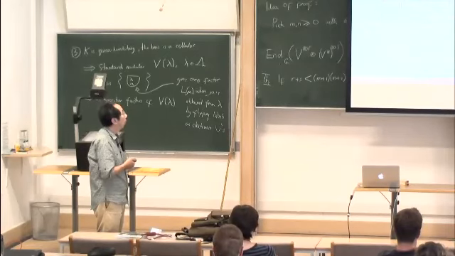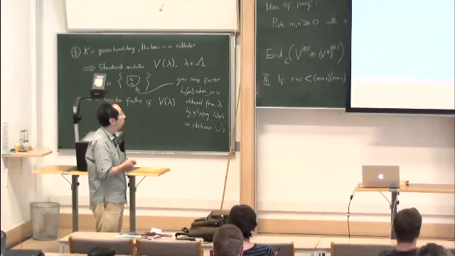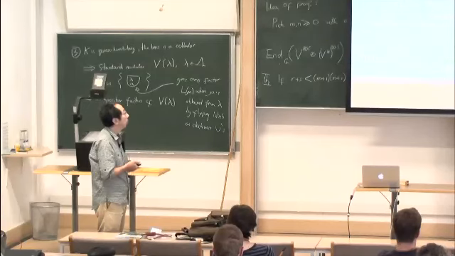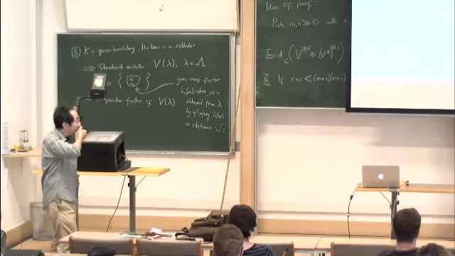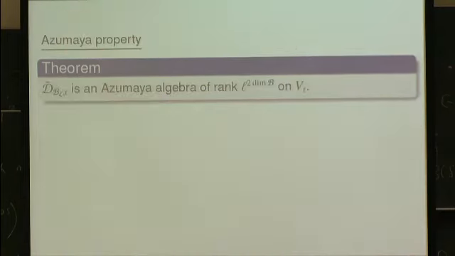We have some sheaf of rings, and then we wanted to consider this category, but this category can be replaced by the category of D tilde modules on Vt. And we also have Azumaya properties. So D tilde is an Azumaya algebra of rank l to the twice dimension of B on Vt. This was also trivial in the ordinary case of positive characteristic, but in this situation, it's not obvious.